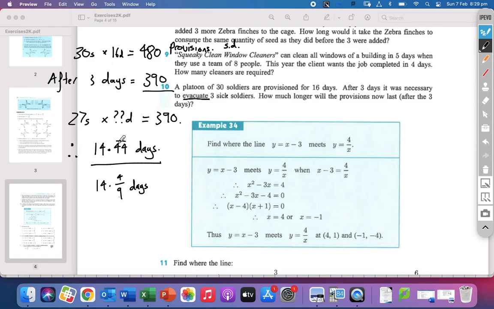So there's a total of 17, but the question says how much longer will the provisions now last after the 3 days? So the answer would be 14.44 days. Okay, so as you can see, set amount of provisions, new amount of soldiers, and then we can work out what that would have to be. All right, thank you.